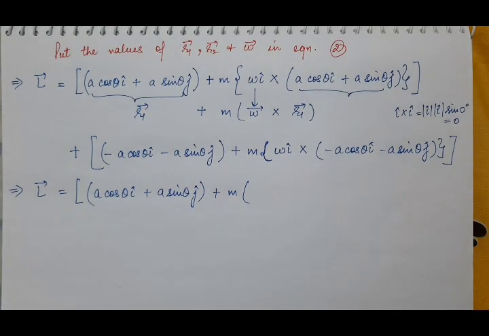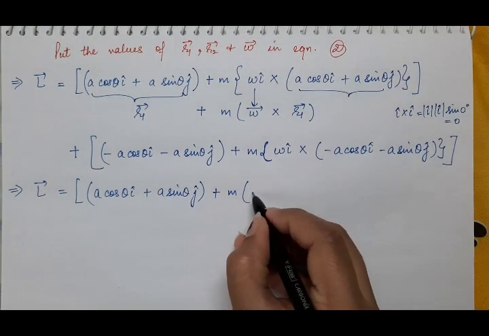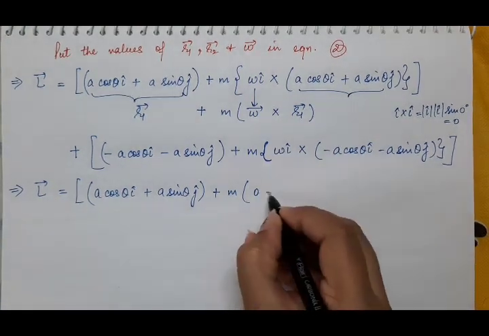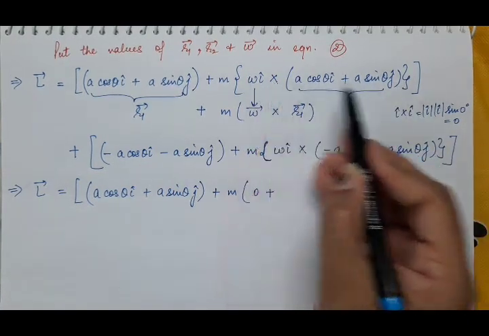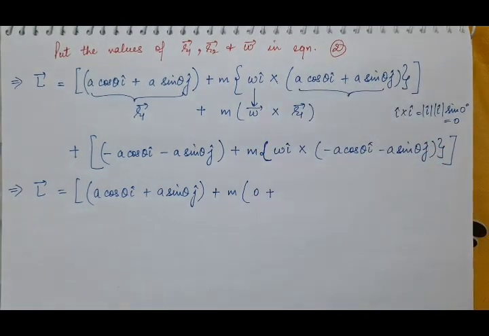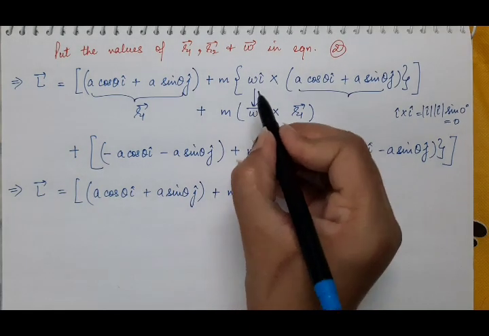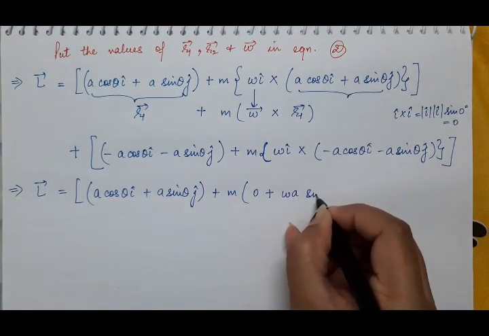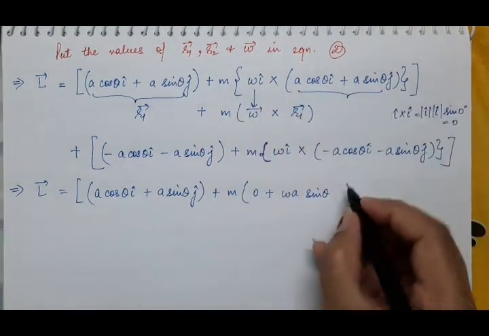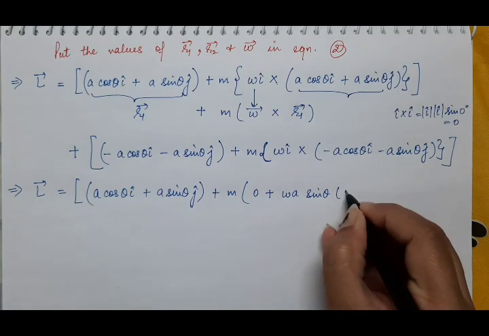So i cap cross i cap is 0. So we will have 0. Then plus i cross j. I cross j is k cap, as you might have studied in class 11. So here we will have omega into a sin theta, i cross j is k.